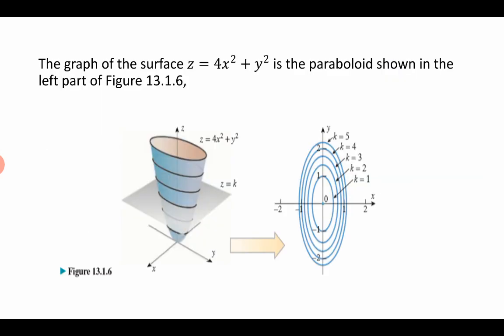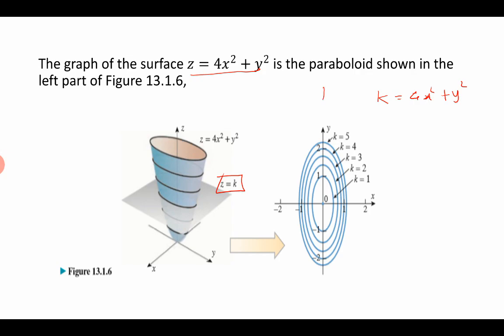Now let's go through another graph, given as z equal to 4x squared plus y squared. How do we find the level curve? An example is given here. We take z equal to k, a horizontal plane, and cut the given surface z equal to 4x squared plus y squared. Since z equals k, 4x squared plus y squared equals k.